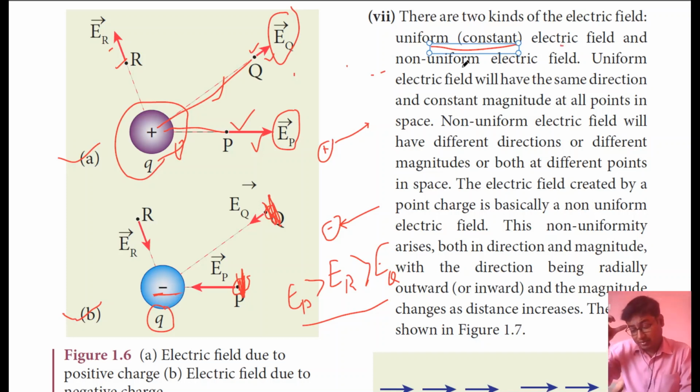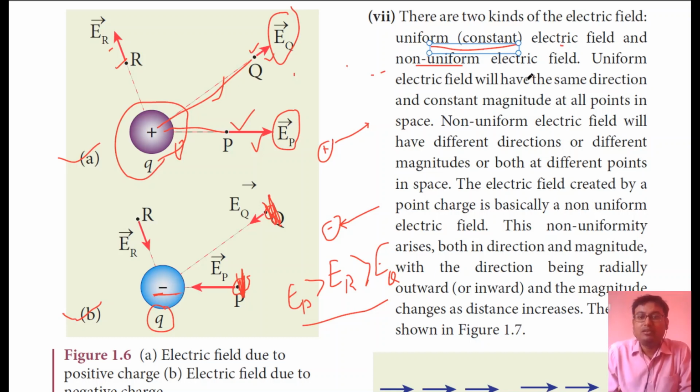Whenever in physics we come to the word uniform, that means there is something which is constant or not changing with respect to three things: place, time and magnitude. Non-uniform means any one of these things is changing. Either place is changing, that means the coordinate is changing, or the value is changing, that means magnitude, or the time is changing. In that situation it will become non-uniform.